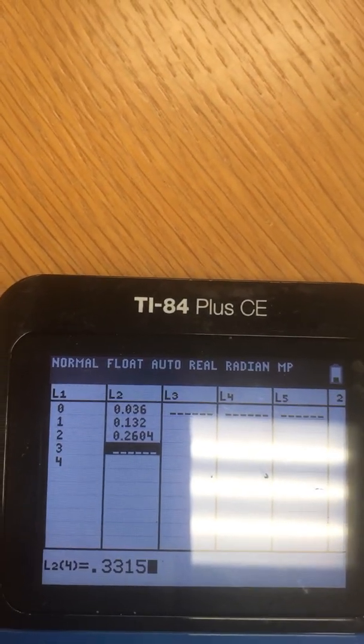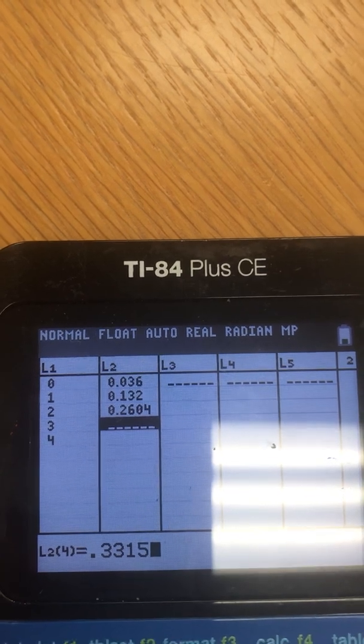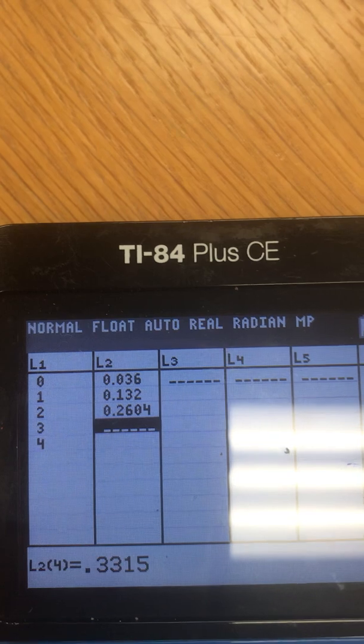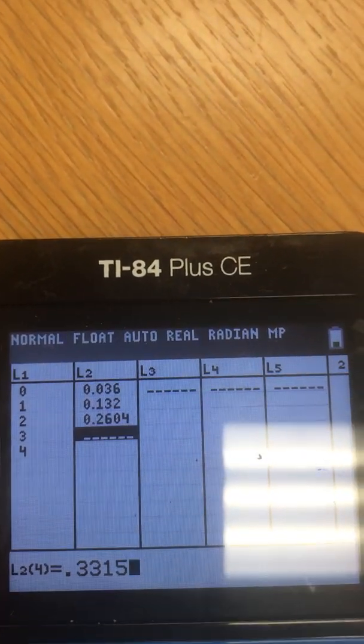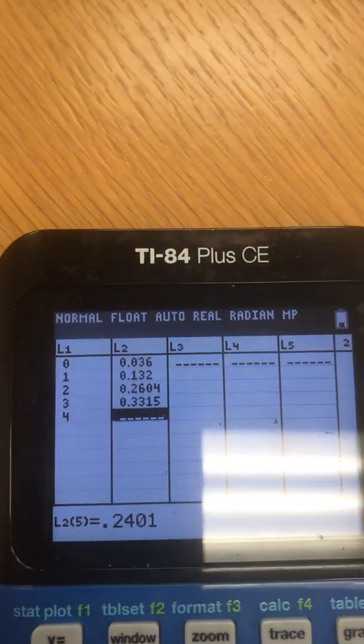Let's see, am I missing anything? 0, 1, 2, 3, 4. 0.036, 0.132, 0.260, 0.3315, oh, almost there, 0.2401.